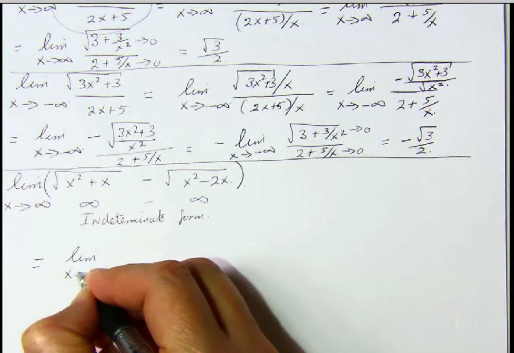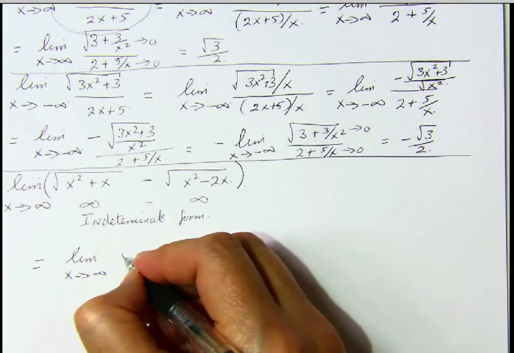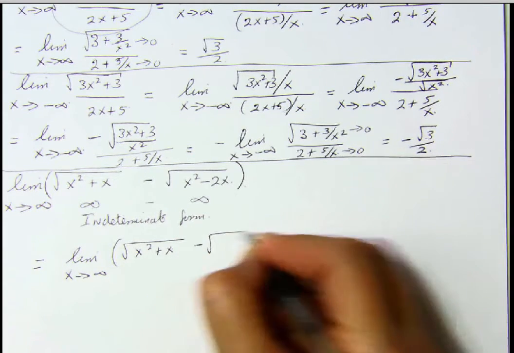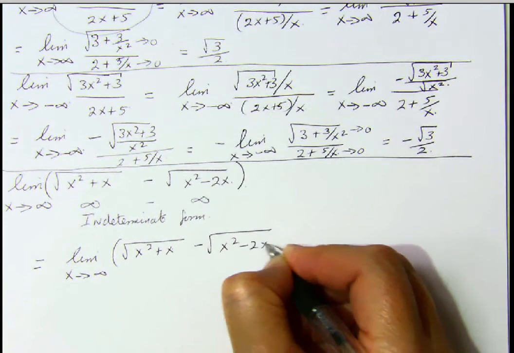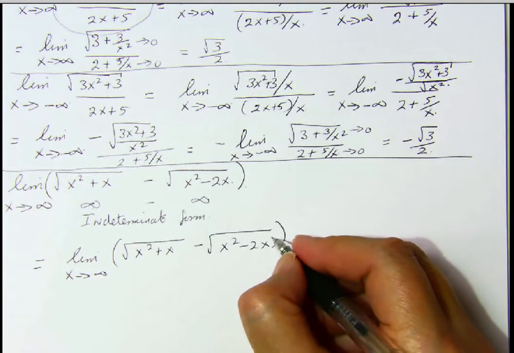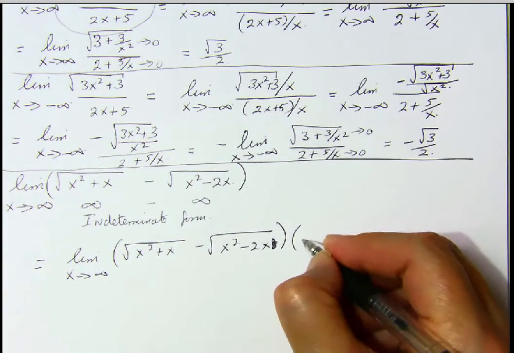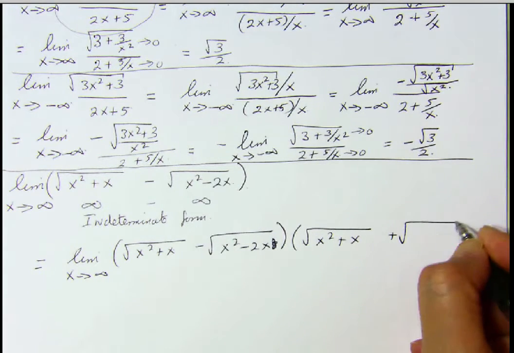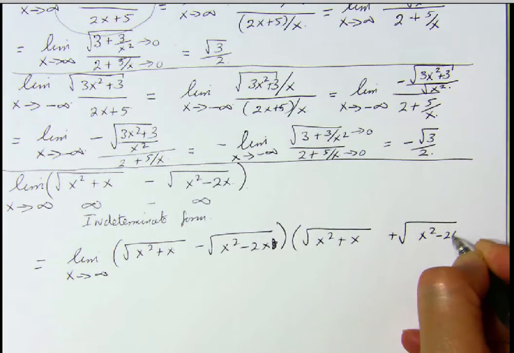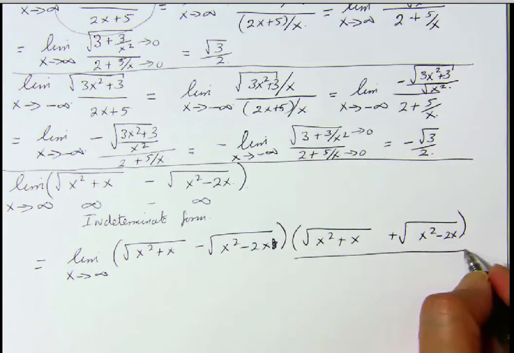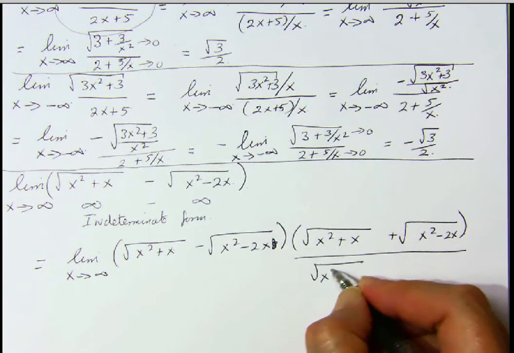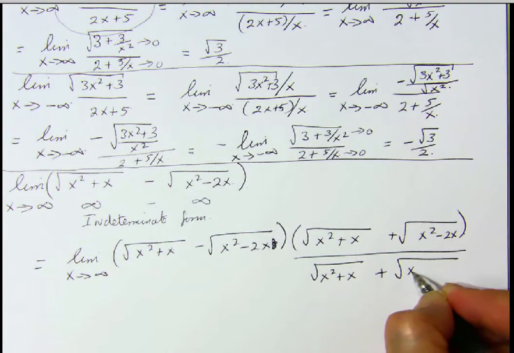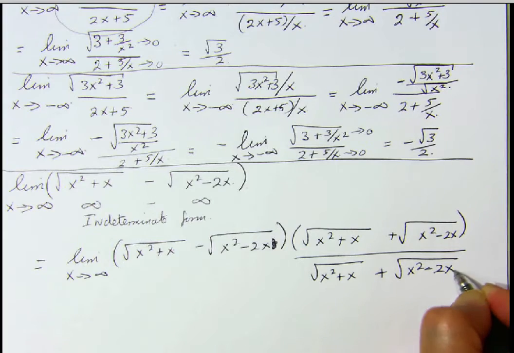So it's the limit as x approaches infinity of all of that times the conjugate, which is the square root of x squared plus x, plus the square root of x squared minus 2x, divided by the square root of x squared plus x, plus the square root of x squared minus 2x.